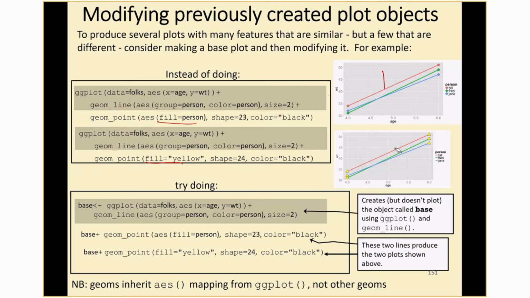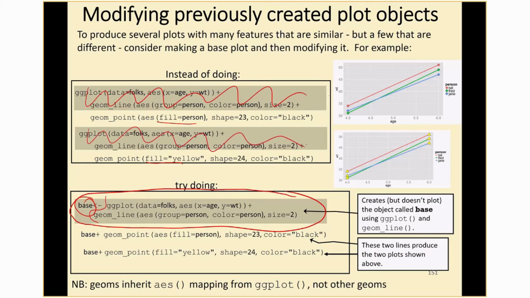Here's an alternative way to do business that'll save us some typing. I'm going to create an object called base. And base is going to consist of all this stuff here, which is all the stuff that these two plots have in common. Once I've created this object called base, it won't be printed.